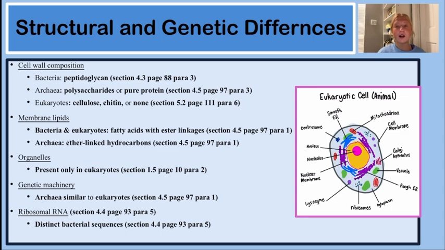And then eukaryotic cell walls will vary. Plants use cellulose, fungi use chitin, and animal cells lack cell walls altogether. Their cell membranes also differ. Bacteria and eukaryotes have ester-linked fatty acids, while archaea use ether-linked isoprenoid lipids.